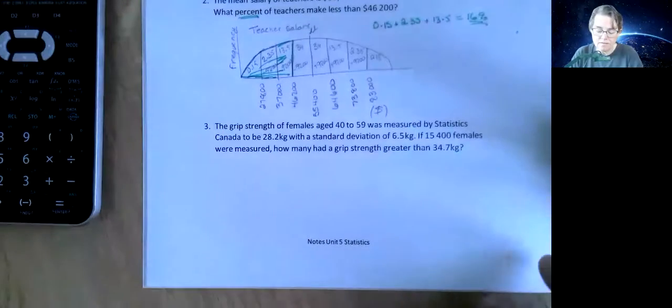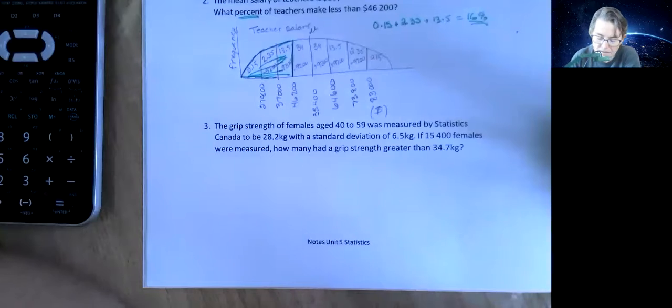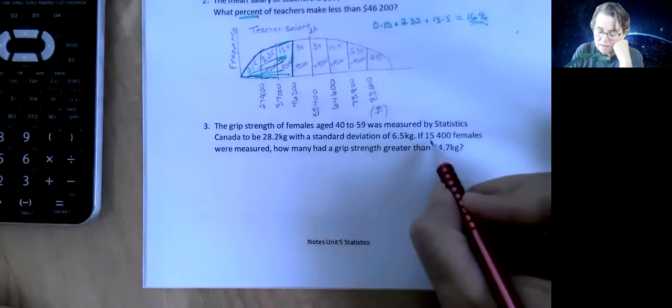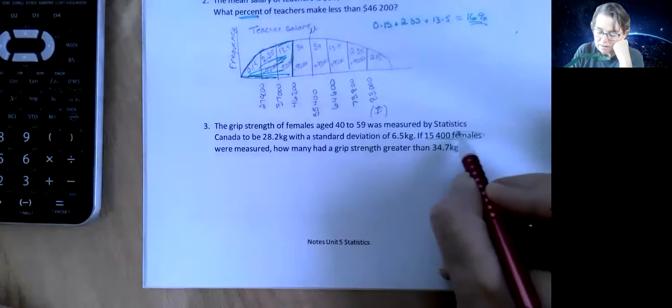The grip strength of females aged 40 to 59 was measured by Statistics Canada to be 28.2 kilograms with a standard deviation of 6.5 kilograms. I'm not kidding, I looked on Stats Canada just looking for random means and standard deviations. This one came up. Oh, look, right there.